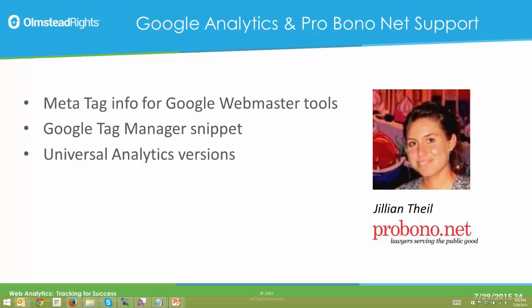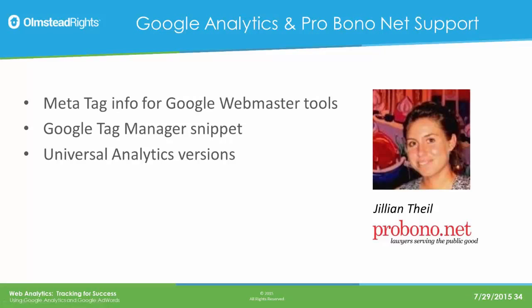As Tally and Mark have mentioned, Olmsted Rights was built on the Pro Bono Net platform. And as most programs know, Pro Bono Net has developed an extensive system of custom reports for Pro Bono Net sites, which are generated monthly, quarterly, and annually, and are available in the admin inbox of the sites.